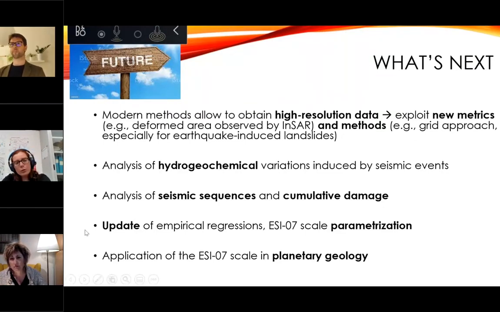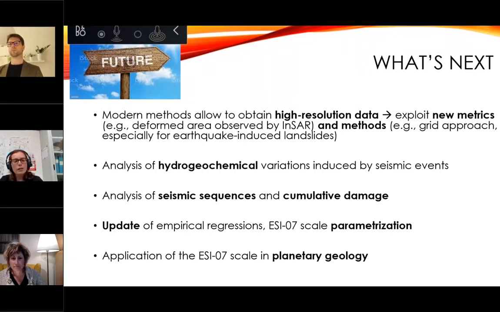What I presented before were among the first empirical regressions. So in this case, the addition of new case histories will allow us to derive more precise regressions, or maybe regressions specific for a given seismotectonic setting.